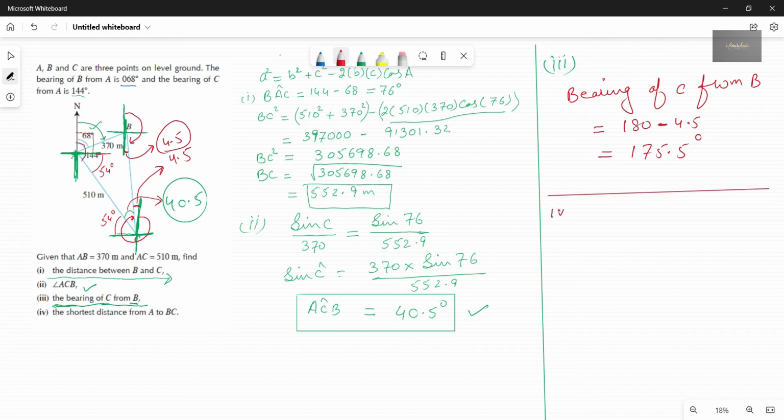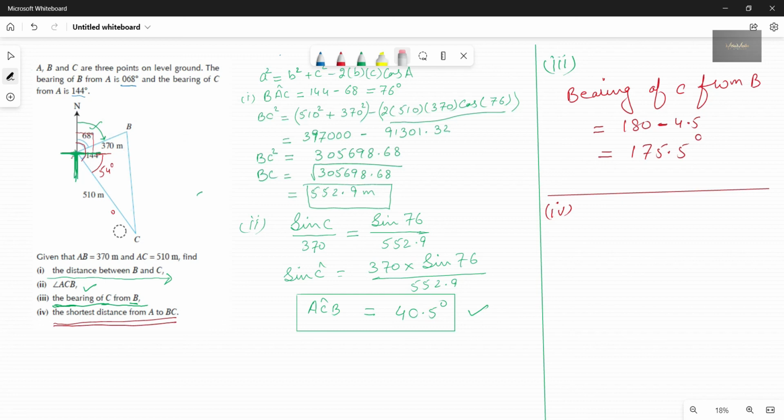Now the fourth part is easier. We need to find the shortest distance. Now many students get confused with the statement, what is the shortest distance. I am erasing this diagram. For the shortest distance, basically you need this angle that we have already calculated.